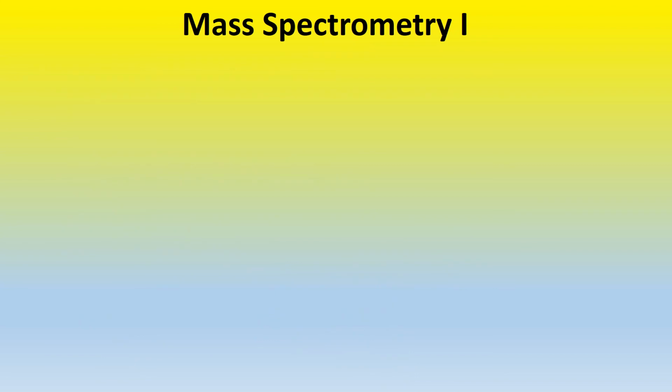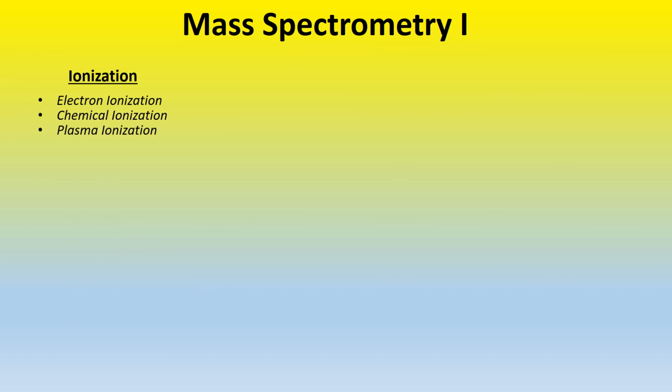So at the end of the day, you have a lot of things to think about with mass spectrometry. How do I want to ionize? I have electron ionization, chemical ionization, plasma ionization, various forms of electrospray ionization, DESI, laser-assisted MALDI.